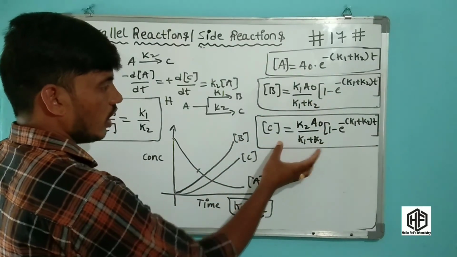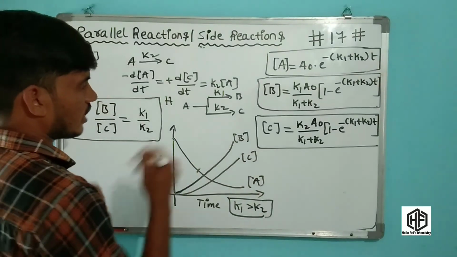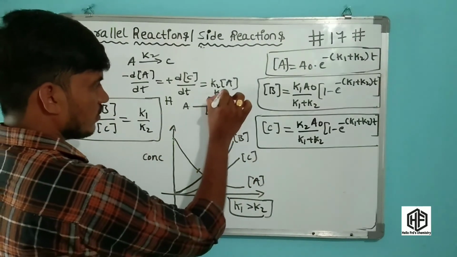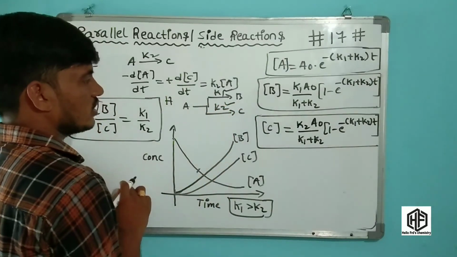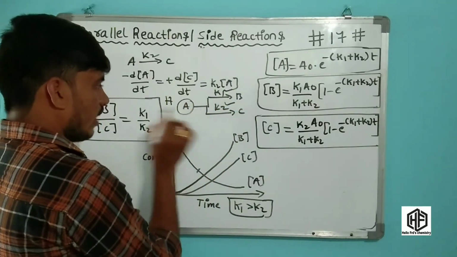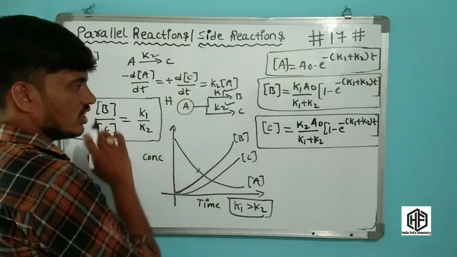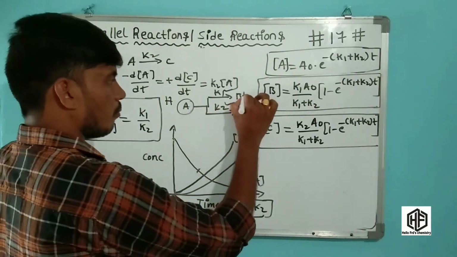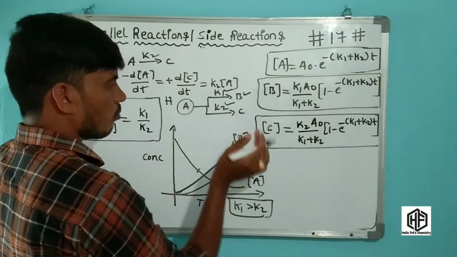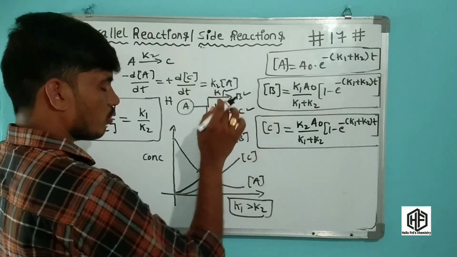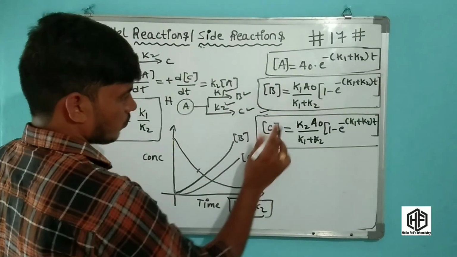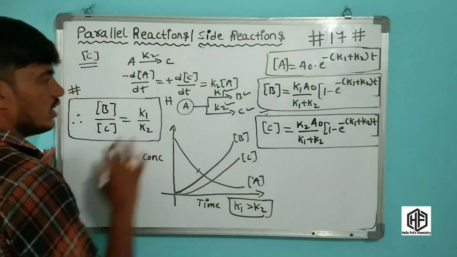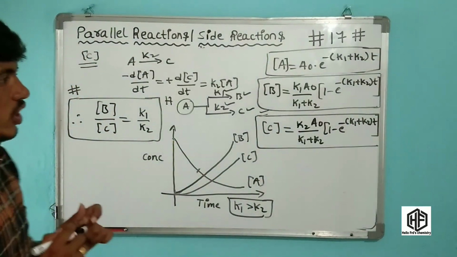Now we have to consider a reaction like this. In the examination this value is given as 0.2 and the K2 value is given. The initial concentration of A is given. Now we have to calculate B, so use this formula. For example, if you have to calculate the concentration of C, you have to use this formula. This is important in competitive exams.